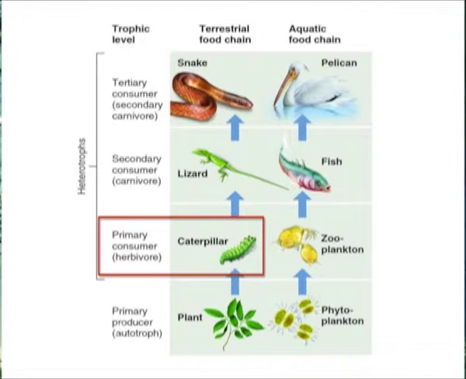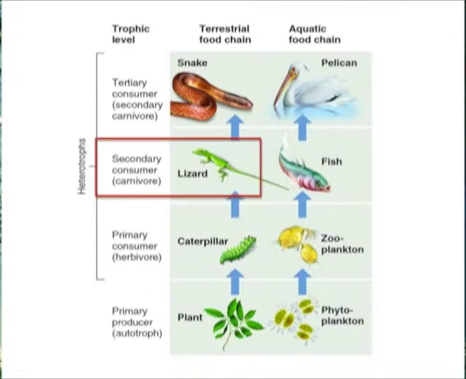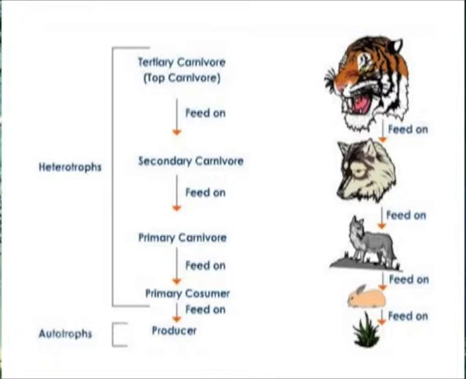Herbivores are subsequently eaten by the flesh eating animals called the carnivores, also known as the secondary consumers. The carnivores can be categorized into three categories, namely primary carnivores, secondary carnivores and tertiary carnivores.